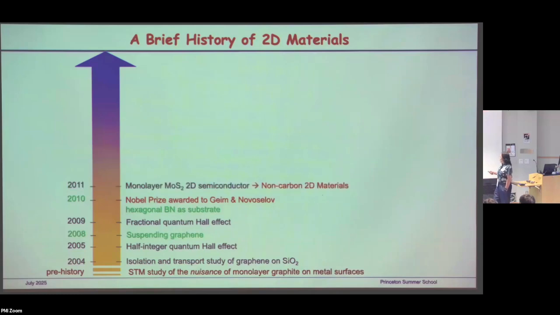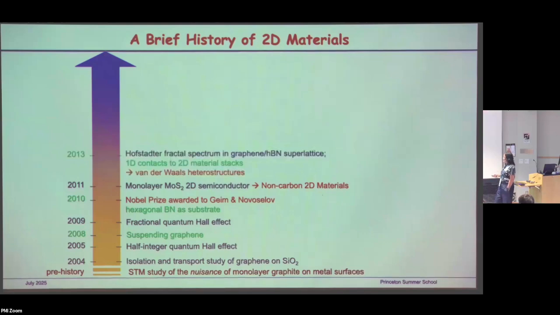In 2011, I would say the first non-carbon 2D material was studied. This is by Andras Kis's group, where they studied monolayer MoS2 as a 2D semiconductor.